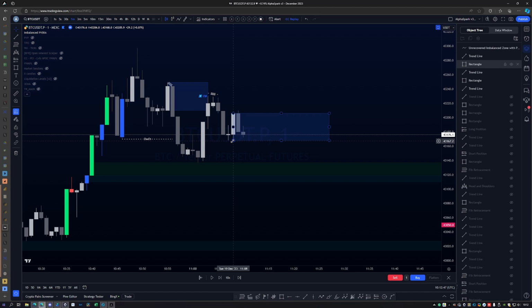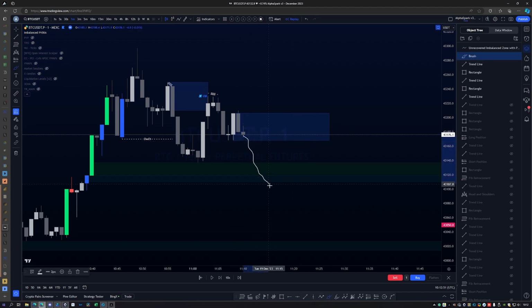The only idea now that I'm interested in is if price does this, because this last contrarian candle, let's say like that, contrarian candle to the move down, got its liquidity taken before moving down.